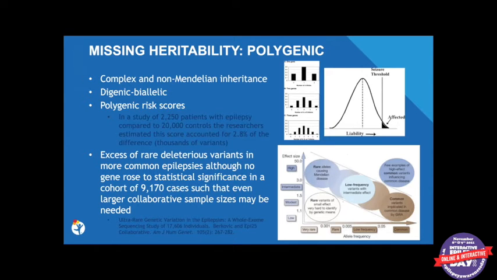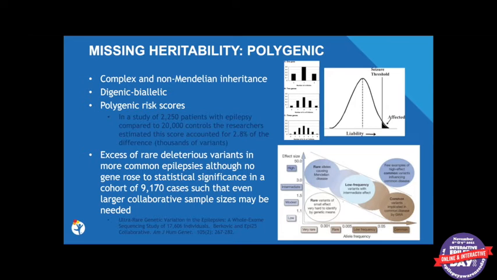This was a large study of about 2,000 patients with epilepsy compared to 20,000 controls, or people without epilepsy. When they looked at the potential differences in how many genetic variations those patients had in epilepsy genes, they found that that maybe accounted for about 3% of the difference between those 2 populations. So not a lot, but some.